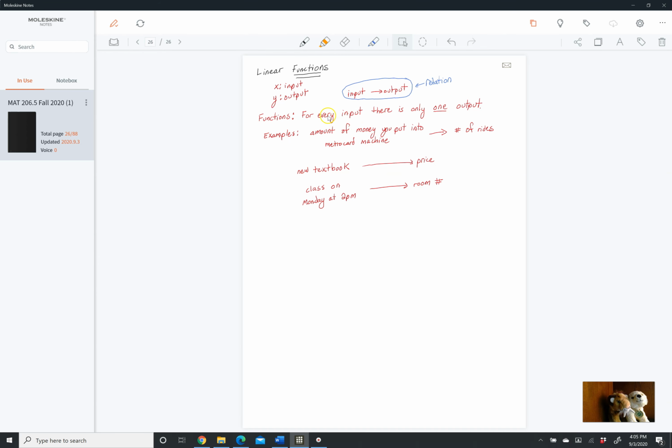A relation is a function when every input only has one output, okay? So these are functions. If instead we did something different, we put a subway train, okay? And we put the number of people.